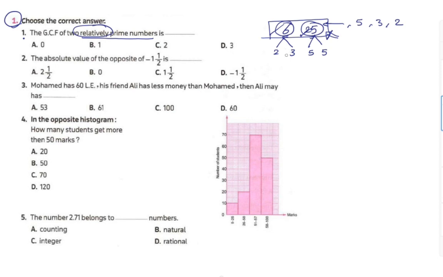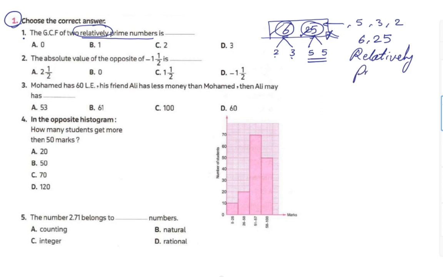Because there is no common factor between 6 and 25, right? We have 2, there is no 2 here. We have 3, there is no 3 here. So 6 and 25, I can call them relatively prime numbers.